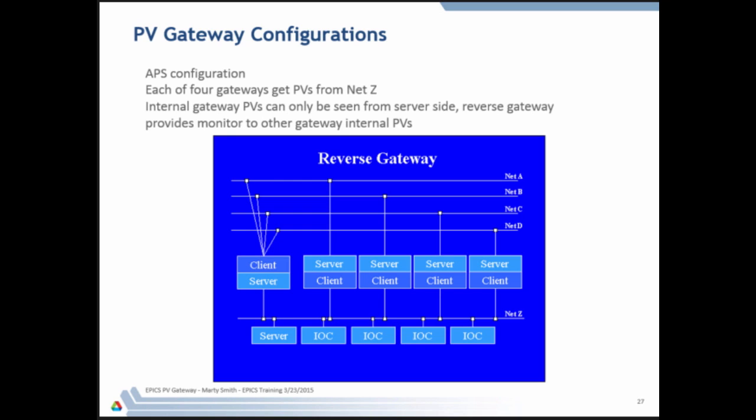So I alias it in the reverse gateway so the channel access clients on the accelerator network can get those PVs from all these beamlines without us having to remember what this beamline's PV is. I can just call them steering A, steering B, steering C, or whatever.